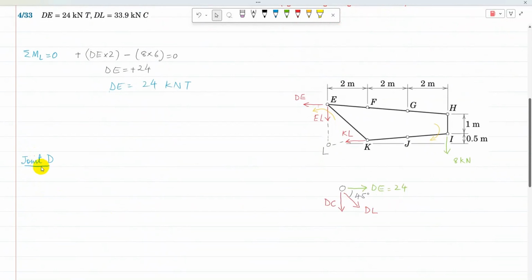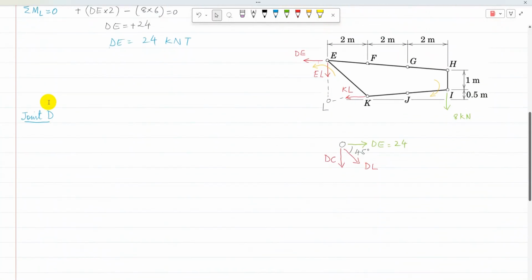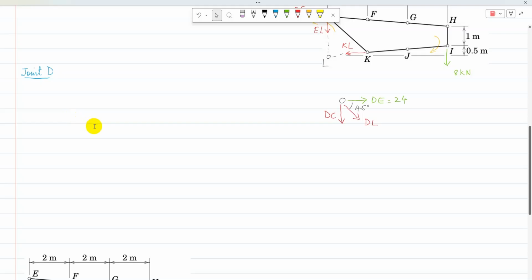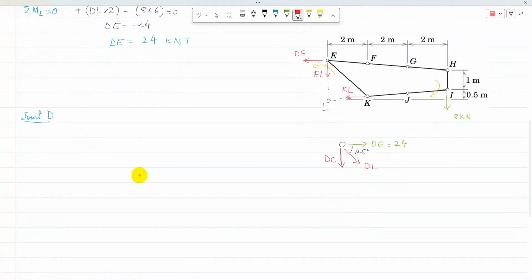Analyzing joint D using the method of joints is very similar to passing another section there, section 2, at D, because DE is known, so it is possible to analyze this part. Now at joint D, I am going to resolve DL into its components.